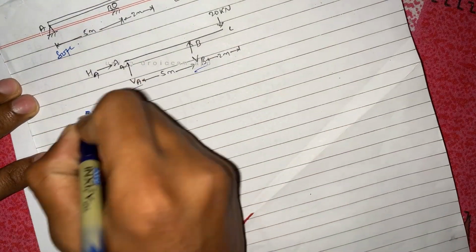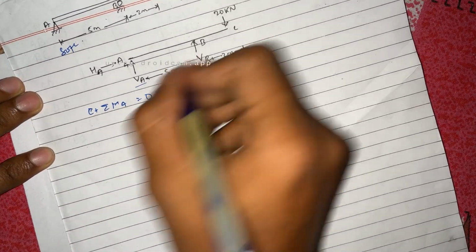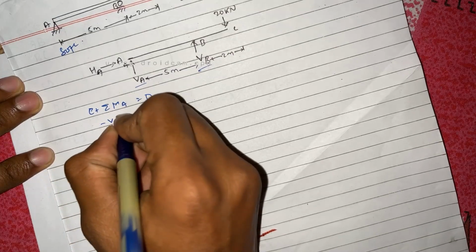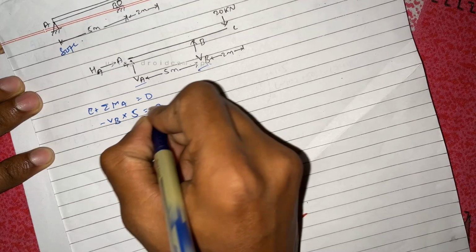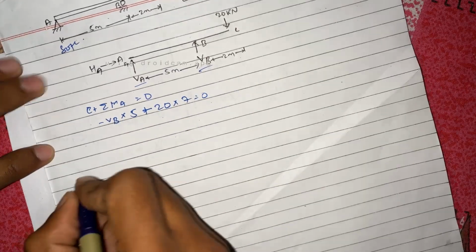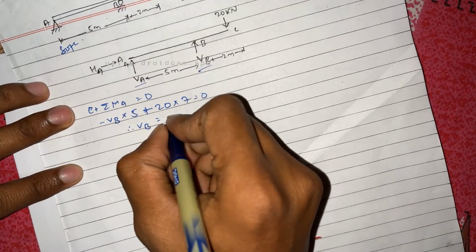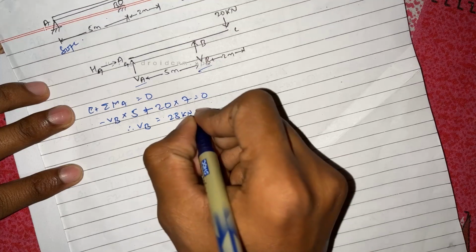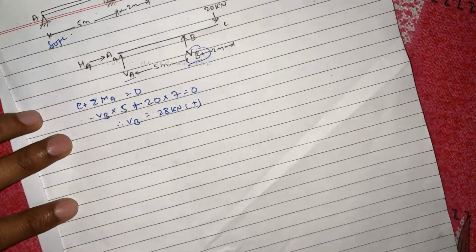We can find the reaction force by just taking the moment about A. So we'll have negative BV into 5, and similarly we'll have 20 into 7. So we will get BV as 28 kilonewton upward, and similarly we need to find another reaction.